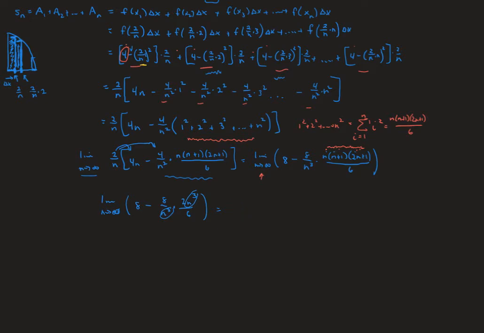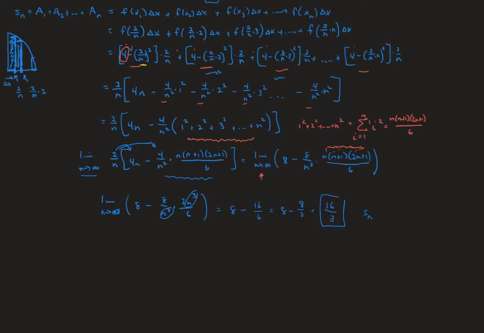That limit is going to equal 8 minus, 8 times 2 is 16 over 6, which we can reduce to 8 thirds. And since 8 is 24 thirds, that's going to be 16 thirds. That is our limit as n goes to infinity of that little s sub n.